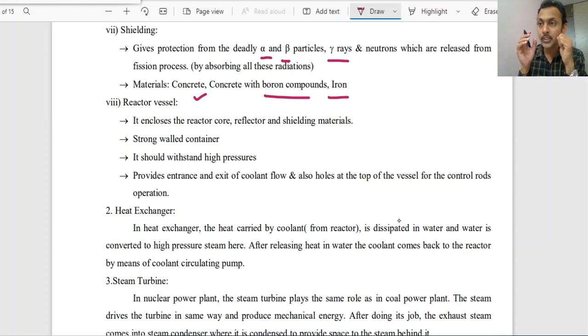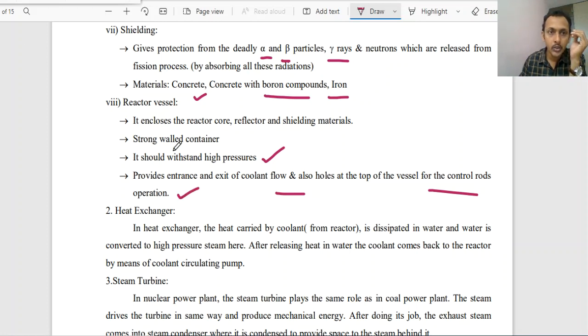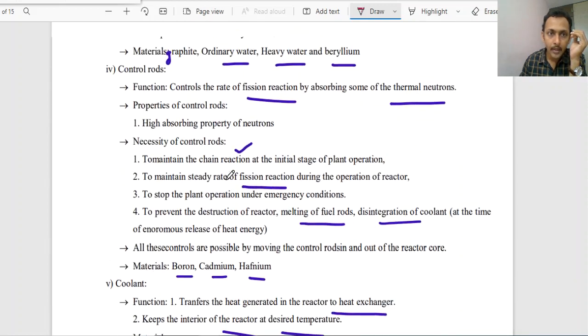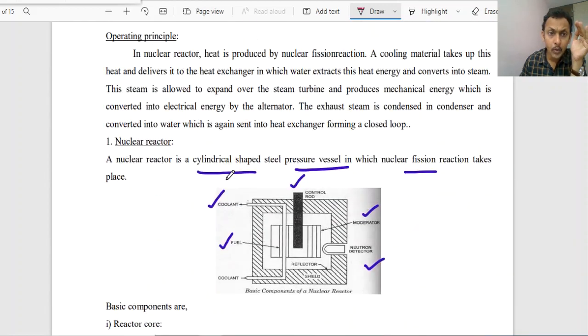It has to withstand high pressures, and it is going to have entrance and exit for the coolant flow and also holes at the top of the vessel for the control rods' operation. Clear?